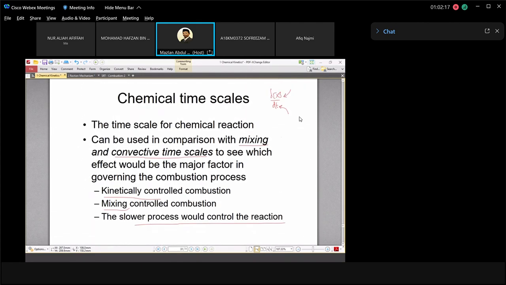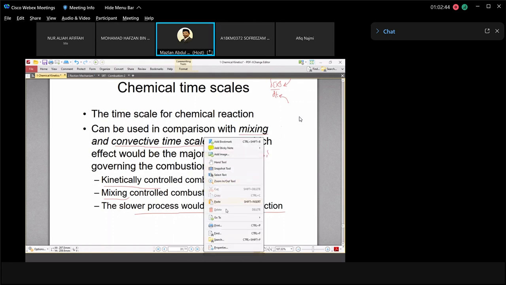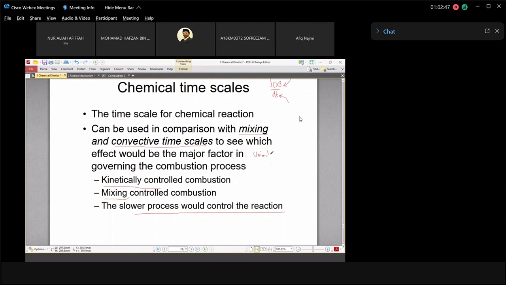Right, for example, let me write something here. For a unimolecular reaction, unimolecular means only one molecule. Let's say A produces product.